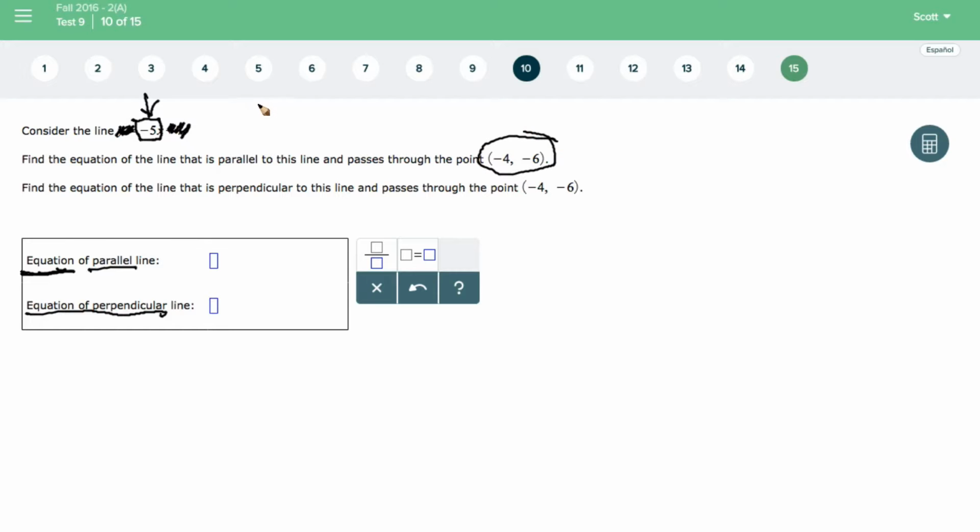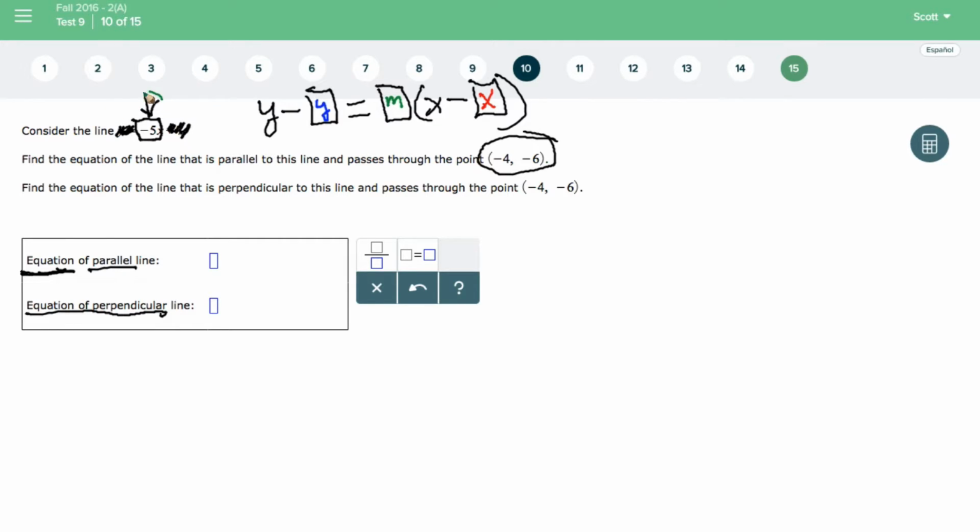Which means now we can use the point slope form. That's y minus something equals the slope times x minus something. Now what we have here is we're going to put our y value here, our x value here, and our slope right there.